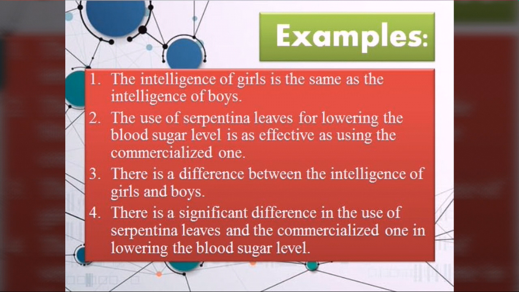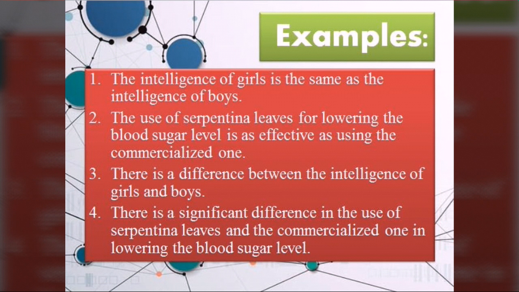How about number 4? There is a significant difference in the use of serpentina leaves and the commercialized one in lowering the blood sugar level. Is it the same as number 3? Is it also an alternative hypothesis? Of course, yes. What makes you think that it is an alternative hypothesis?